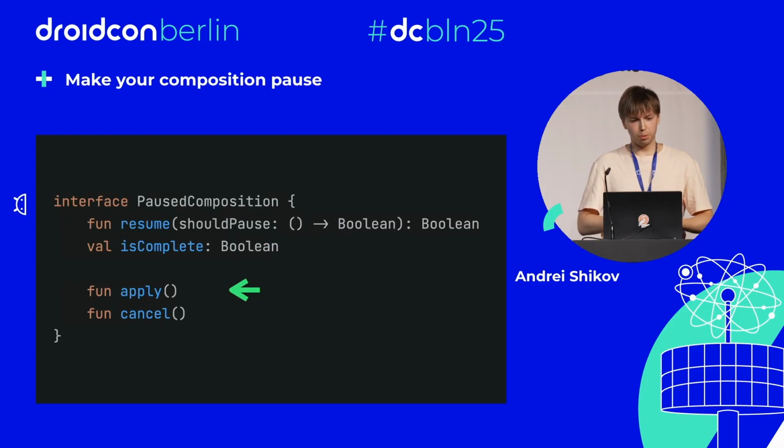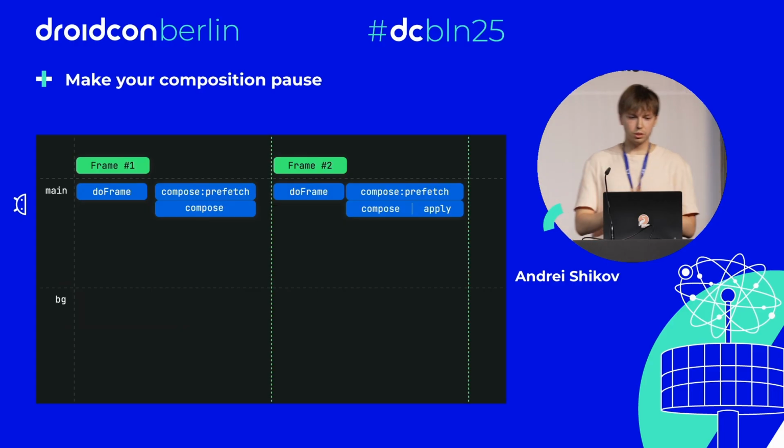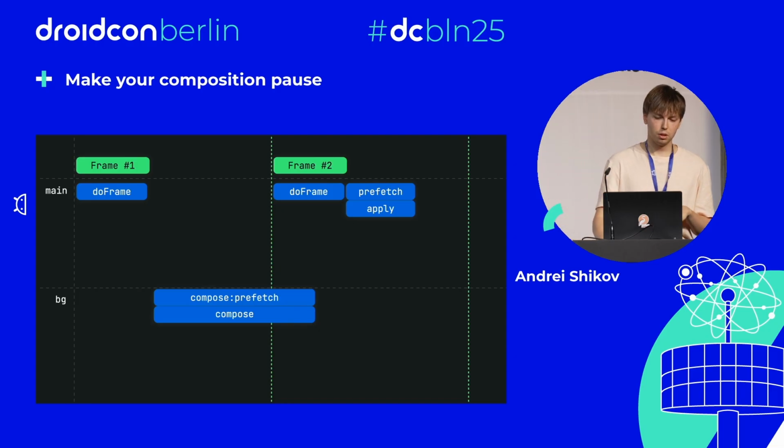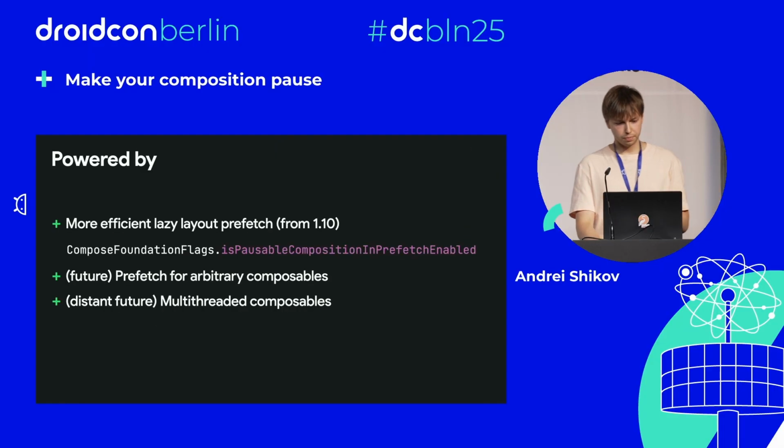And the last interesting thing that we can do with pausable composition is the fact that apply is now separate from resume. So executing composables and running effects are separated from each other in the API itself. So instead of running prefetch like this, where everything is on the main thread and we split and execute apply later, what we can do is some multithreading: run composition on a background thread, and then apply on the main thread.